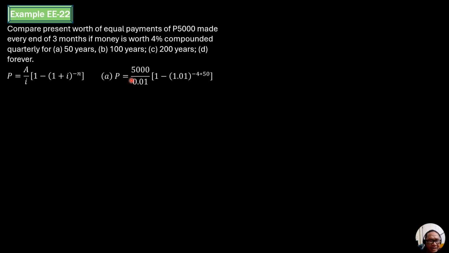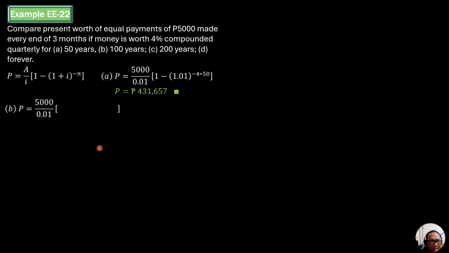So 5,000 over 0.01, quantity 1 minus 1.01 to the negative 200. So it is equal to 431,657 pesos.